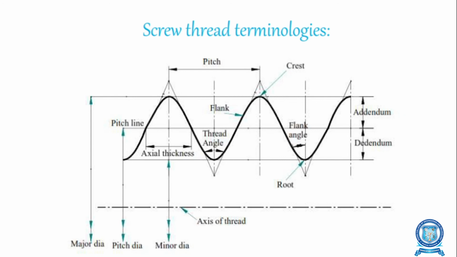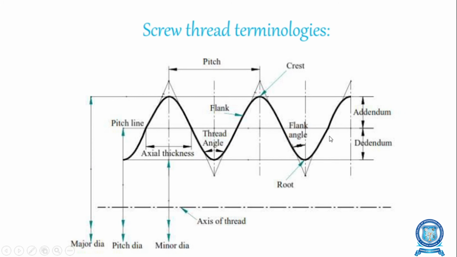Next, another thing we have to know is what is meant by helix angle. Helix angle is the angle that a thread makes with a plane perpendicular to the thread axis. Next, we should know about flank angle. Flank angle is the angle made by the flank of a thread with the perpendicular to the thread axis.